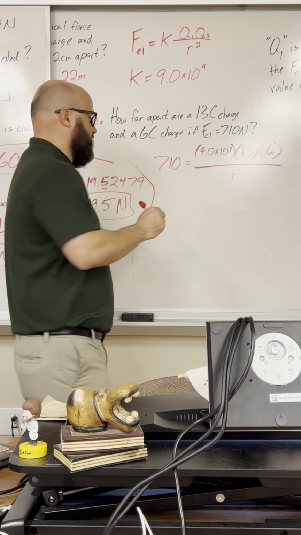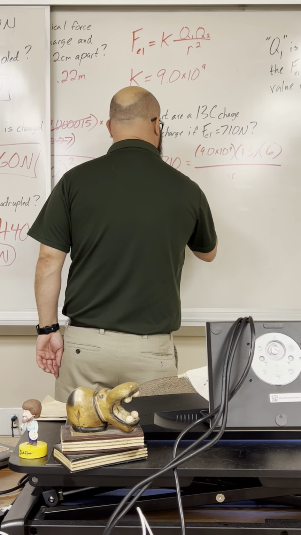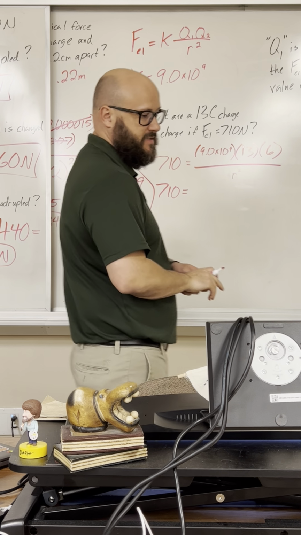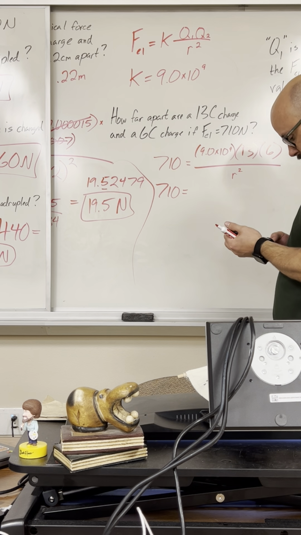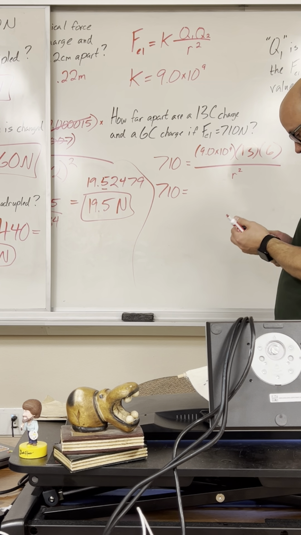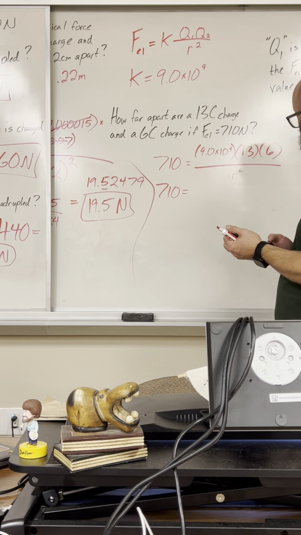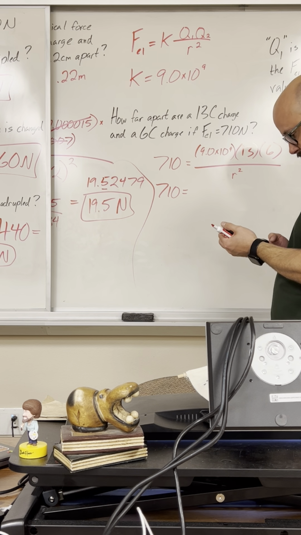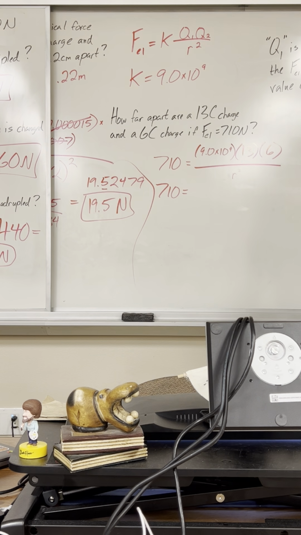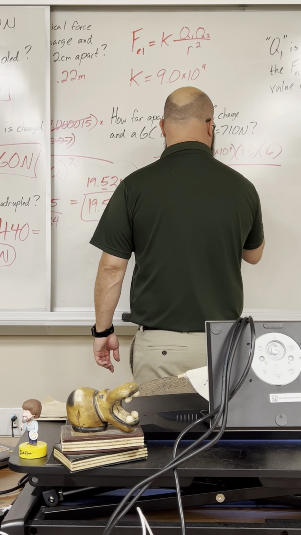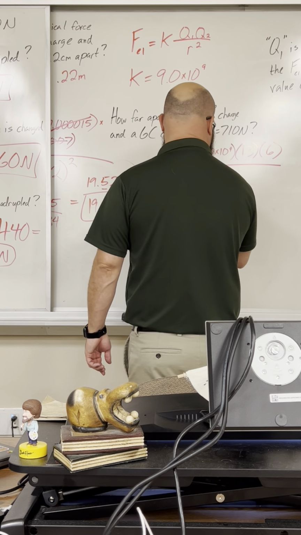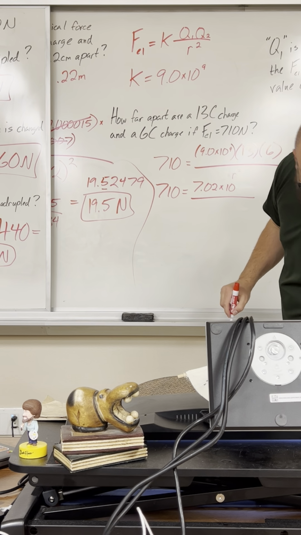Okay, now let's simplify this. 710, that's easy to simplify. 9.0 times 10 to the 9th times 13 times 6 is 7.02 times 10 to the 11th.